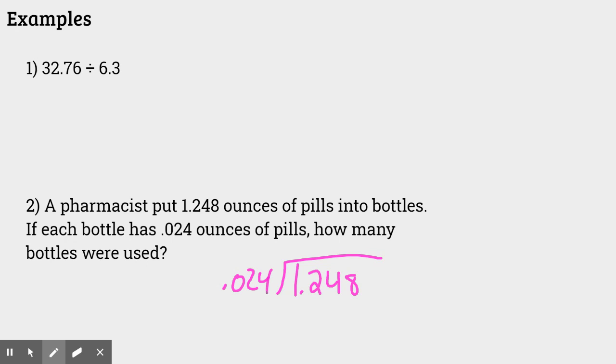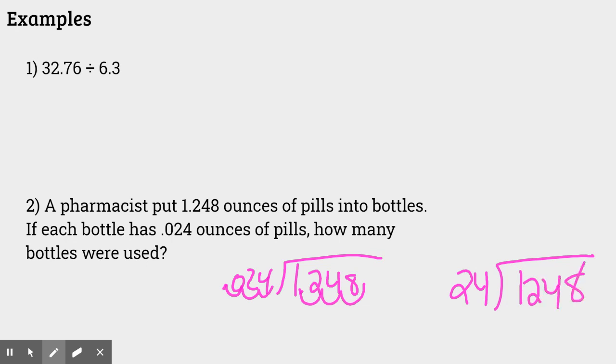I have to move it on the outside 3 times. Therefore, this becomes 24. And I have to move it underneath 3 times as well. Now I don't have any decimals I have to move up, so I can just divide like normal, and I should get for my final answer 52.